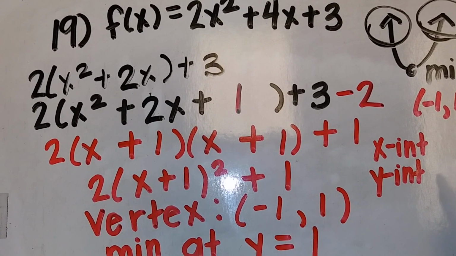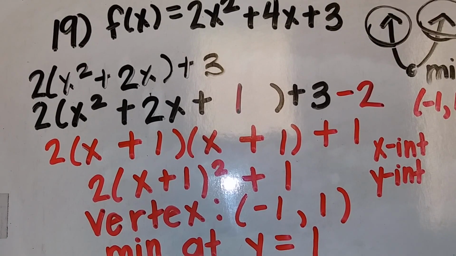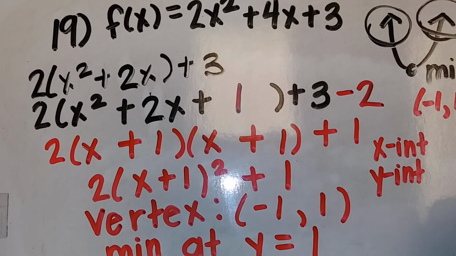Domain and range, let's talk about that. I do need to erase a little bit. Number 19, it's very important to look at a graph on this, because if you can't factor to find your x and y intercepts, then you'll have to use quadratic formula or completing the square to find out what x is equal to.